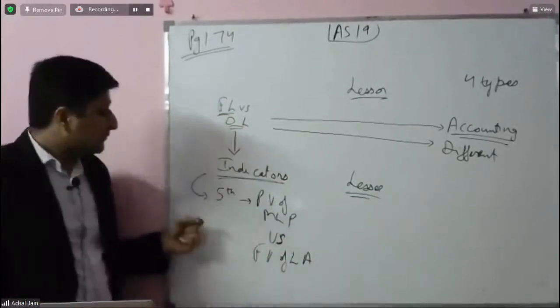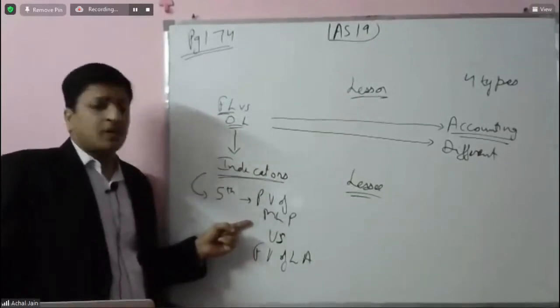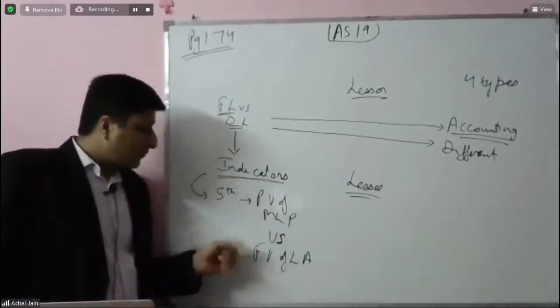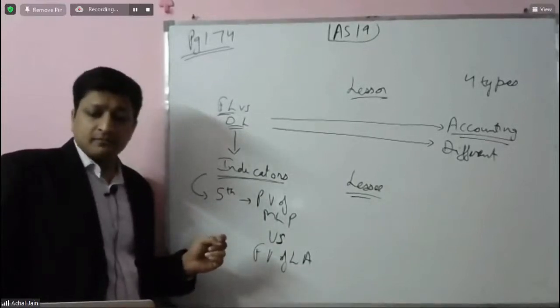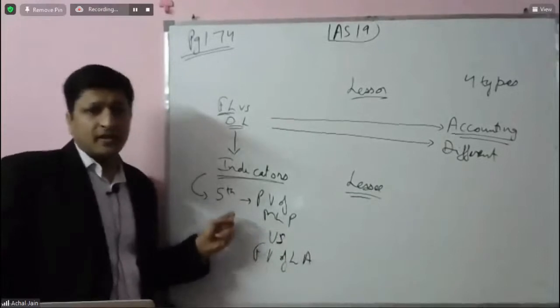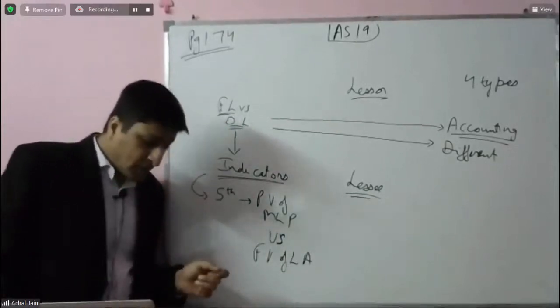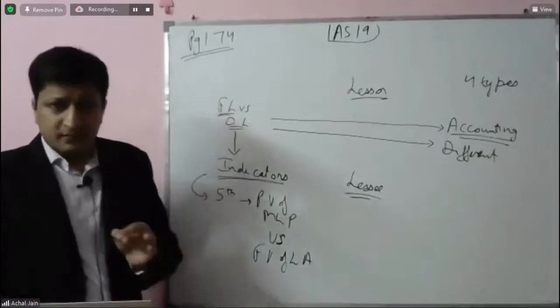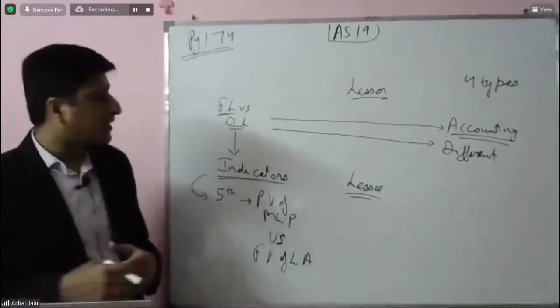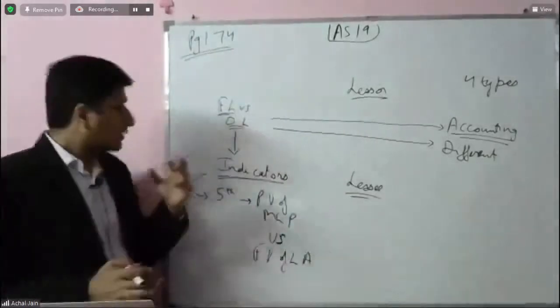operating lease. If the question will provide you this information of MLP, fair value of leased asset, then you will have to do some sort of arithmetical calculations. So your chapter, this standard means your chapter is focused on these areas.